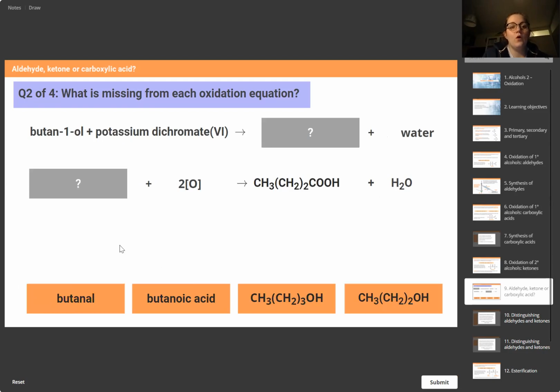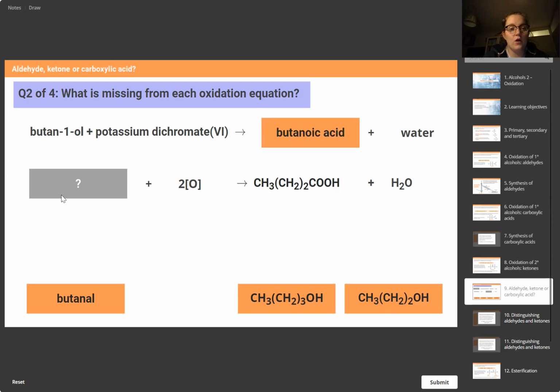Here we've got butan-1-ol and potassium dichromate, and it's forming something with water. If we have a look at what it's forming, we've got CH3CH2CH2COOH. So we've got our COOH, which is typical of carboxylic acids. And when we started with butan-1-ol, that means it's going to form butanoic acid.